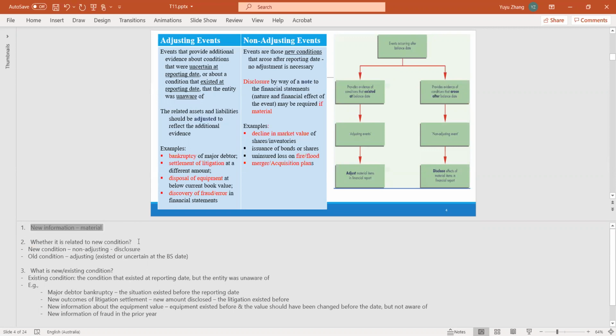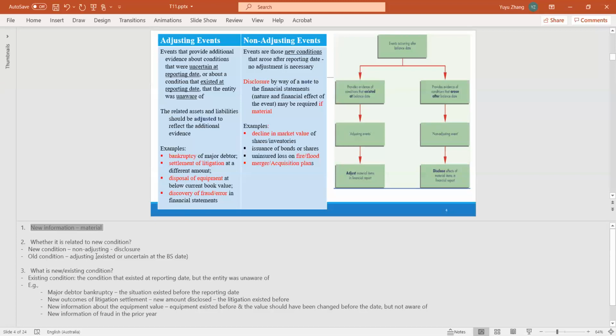If it is about a new condition, then it will be classified as a non-adjusting event, so it would only be disclosed in the disclosure. If it is about an old condition, it has to be adjusted in the financial statements or adjusted in the notes.